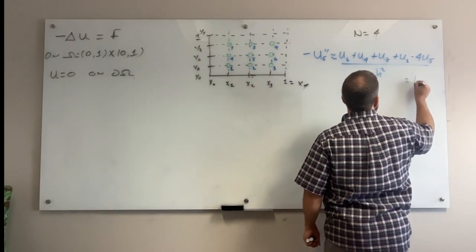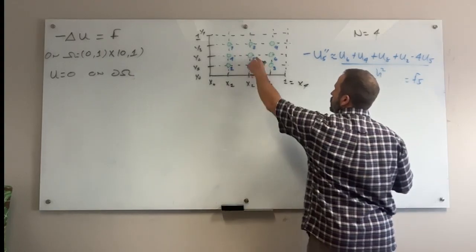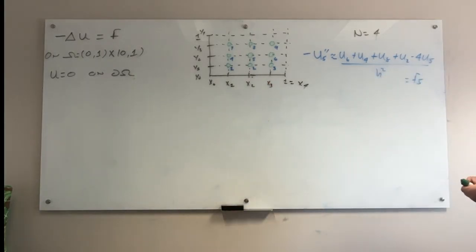And in the approximation, we would set this equal to f sub 5, which is f evaluated there.